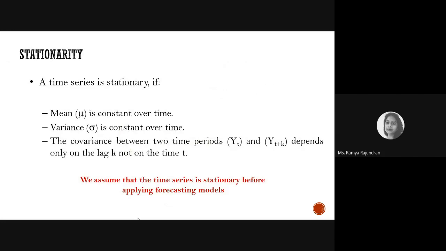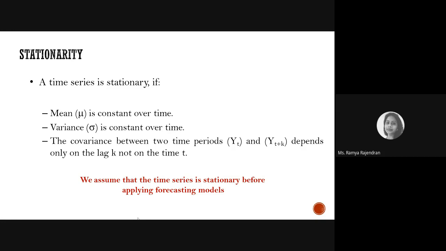Hope you understand how you can find the order k for autocorrelation or partial autocorrelation. We were trying to figure out how many values of p, or the number of lags, can be used in any of the forecasting methods. This is a very, very important task in any forecasting model.